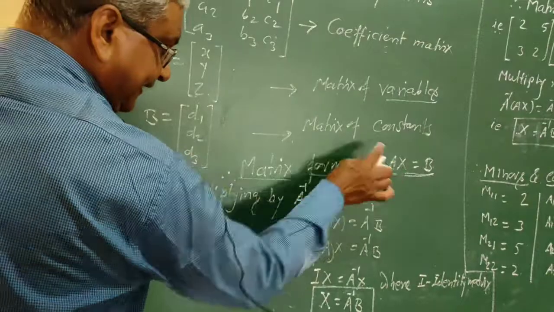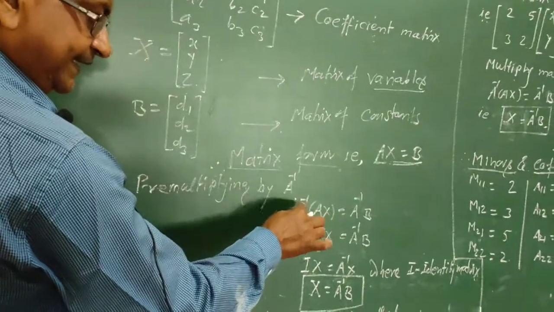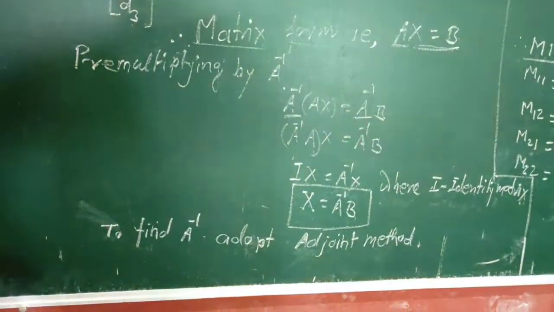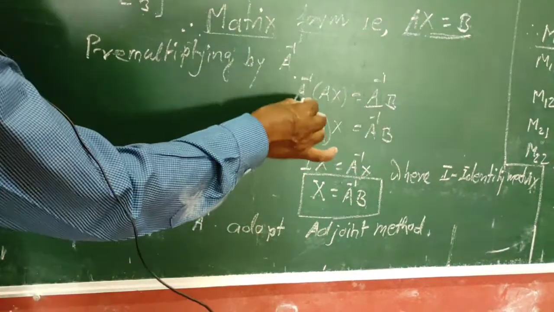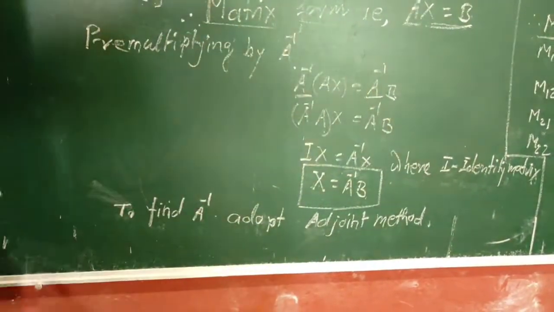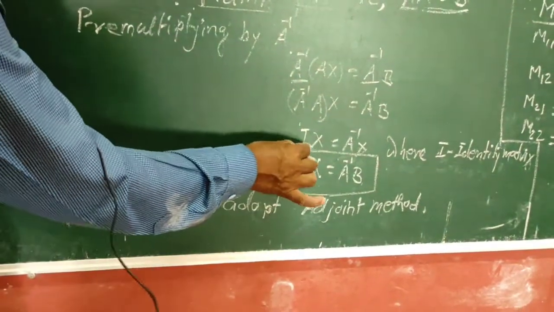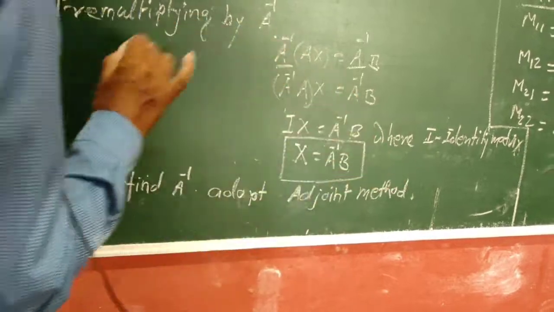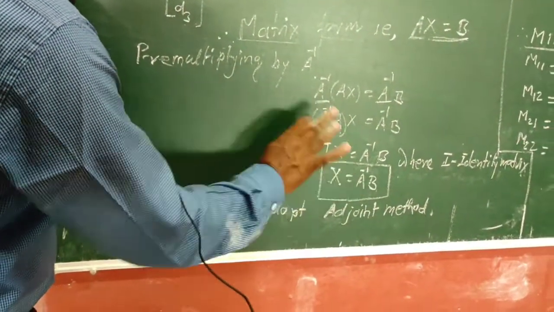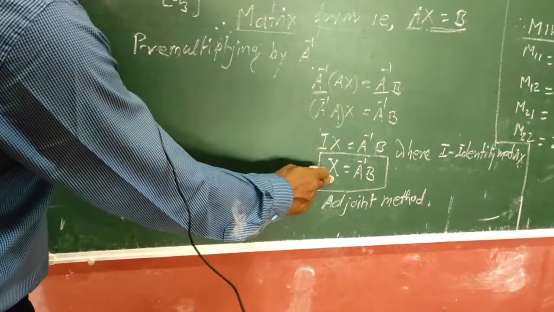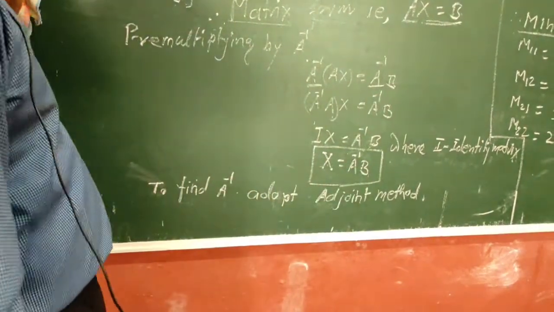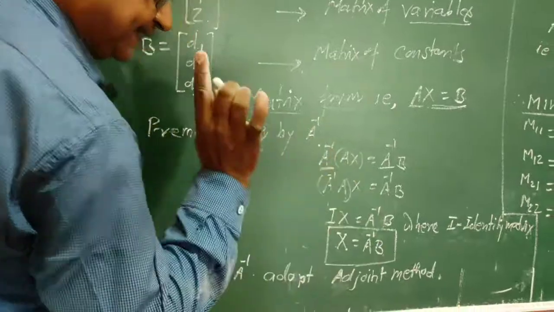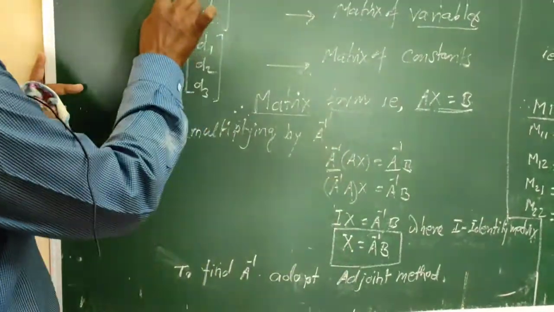So further, this matrix form is to be pre-multiplied by A inverse, that is A inverse into AX is equal to A inverse into B. This is the pre-multiplication, because you multiply on the left of the system. We get A inverse into A into X is equal to A inverse into B. A inverse into A is nothing but I, the identity matrix, into X is equal to A inverse into B. Then identity matrix into any matrix is the matrix itself, that is the X matrix, the matrix of variables, equal to A inverse into B. In this way we have simplified the system of equations to X is equal to A inverse into B. Finally we find the values of X, that is, the values of x, y, z here.